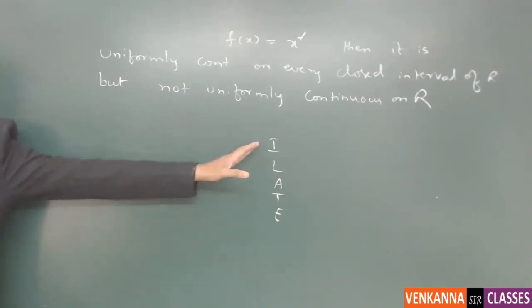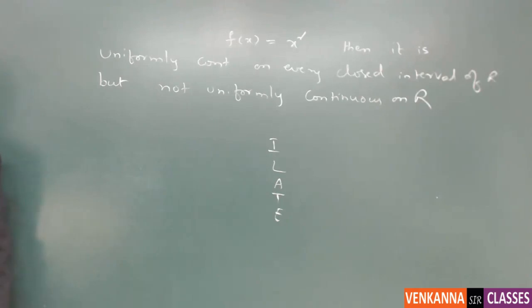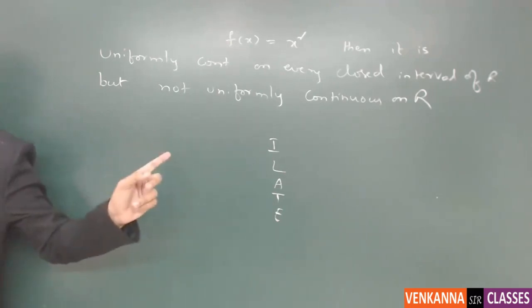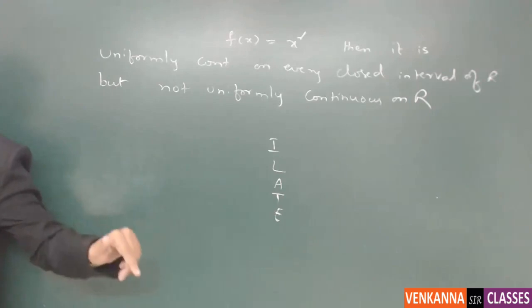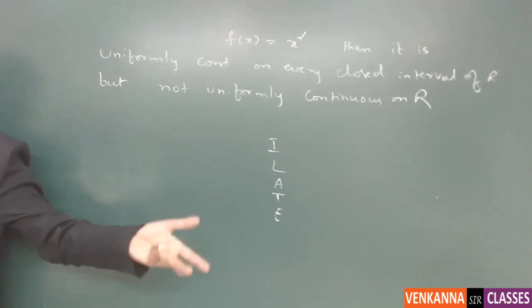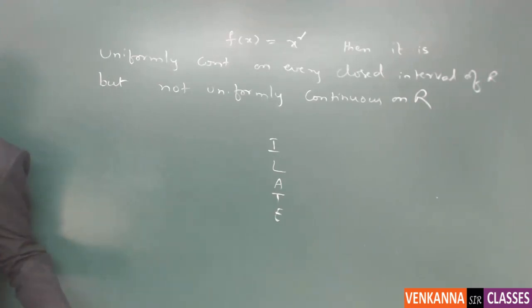We know that they are continuous. If the function is different, then the procedure is not as usual. So always we go with the definition. That's why for the majority of the problems, we are building a connection between delta and epsilon. That's it.